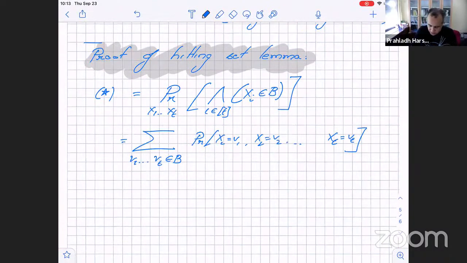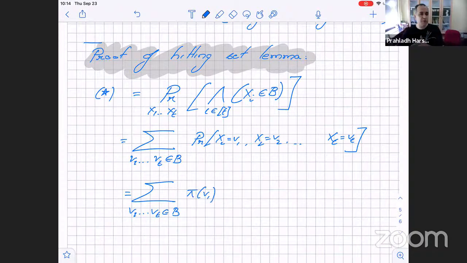But now we know we can write this down. It's a random walk, so we can write down this expression for v1, v2, ..., vt belonging to B. What's the probability that the first step is v1? Because you're picking the first step uniformly at random, that's exactly the stationary distribution, pi of v1. Now, given the first step, you have to move from v1 to v2.